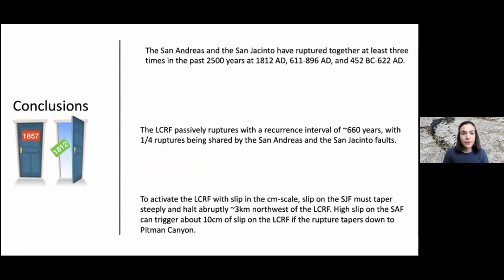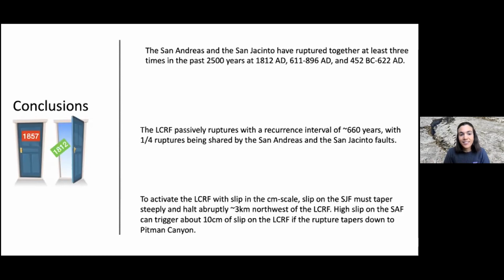So to wrap up this part of the talk, San Andreas and the San Jacinto faults have ruptured together at least 3 times in the past 2,000 years. The LCRF ruptures passively with a recurrence interval of about 660 years, and about 20% and 23% of the ruptures that are paleoseismically recorded on the San Andreas and the San Jacinto faults are shared between the two of them.